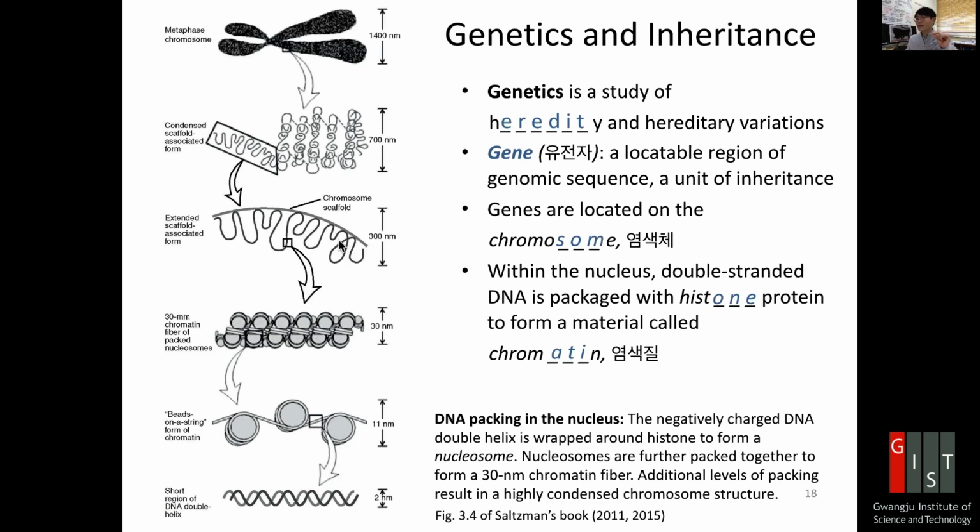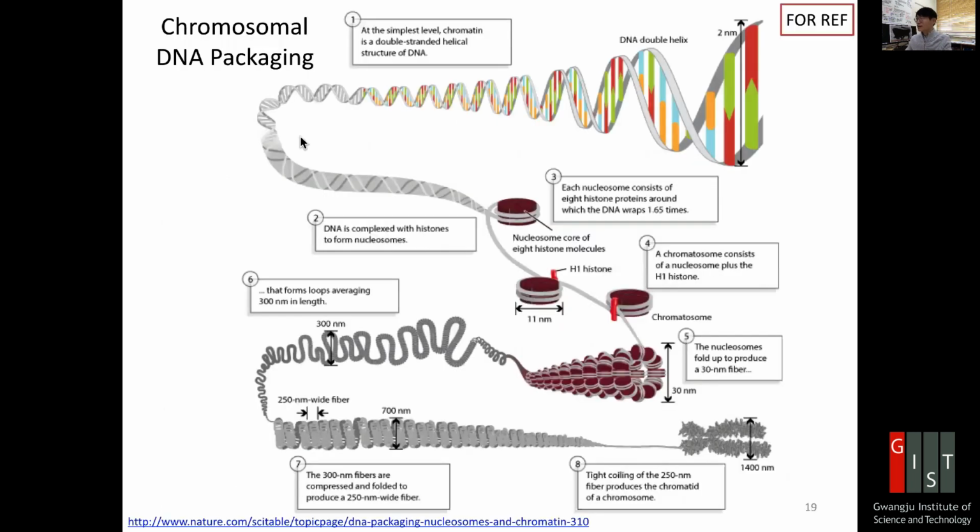And even this will become a scaffold onto the chromosome scaffold to form about 300 nanometer, which a good microscope can barely see. And it condenses into this form, and we call it a coiled coil structure. This is just for reference, but to give you an idea that the DNA double helix is 2 nanometer.